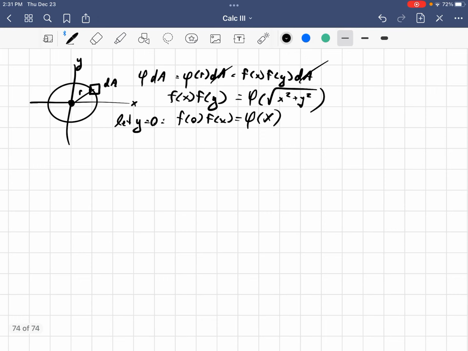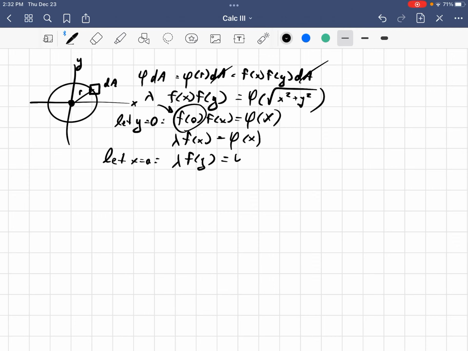Okay, so f of 0, that's just some probability. That's just some scalar, which I'll call lambda. So what we get is that lambda times f of x is phi of x. And if I did the exact same thing by letting x be equal to 0, I'd get lambda times f of y is equal to phi of y.